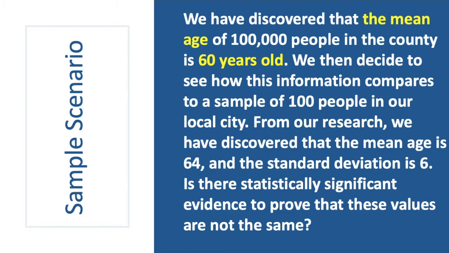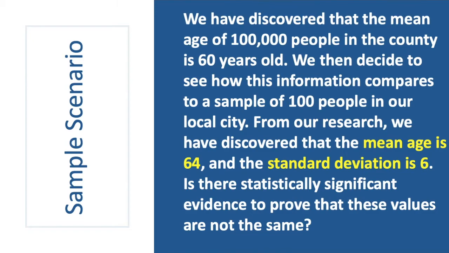The next set of data is related to our sample, which is coming from 100 people in our local city. So again, our county is representing the population and our local city is representing the sample.